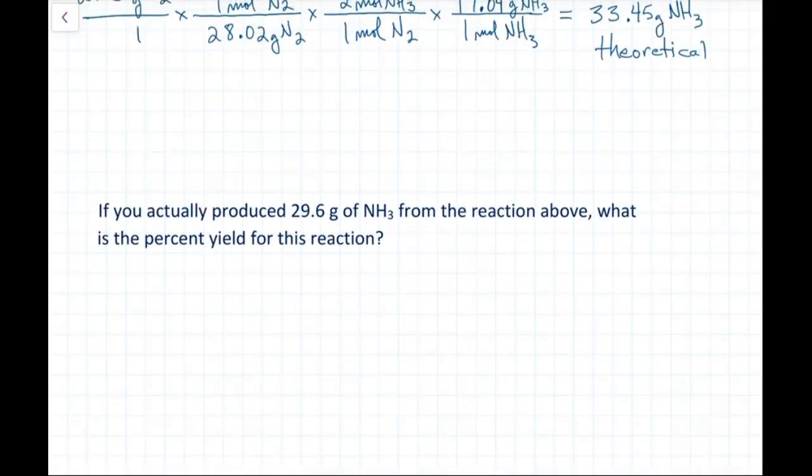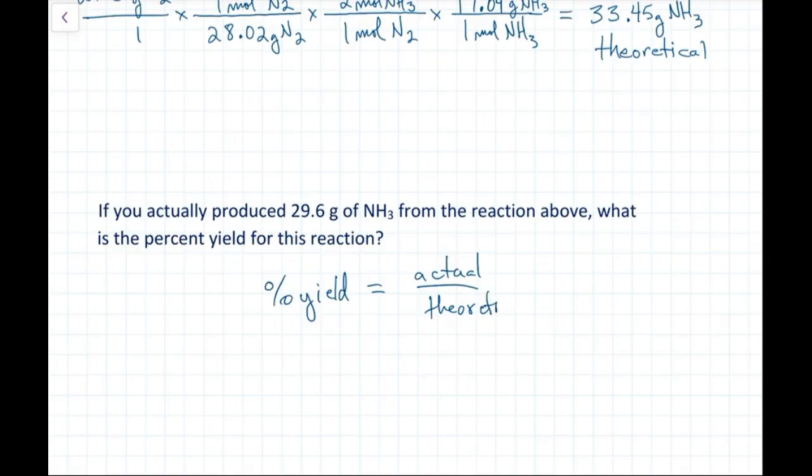So percent yield is just actual divided by theoretical times 100. In this case, my actual is given to me in the problem. If we're in the lab, then you would be measuring it. But since we're not in the lab, it has to be given to you on paper in the problem. So 29.6 grams of NH3 becomes my actual.